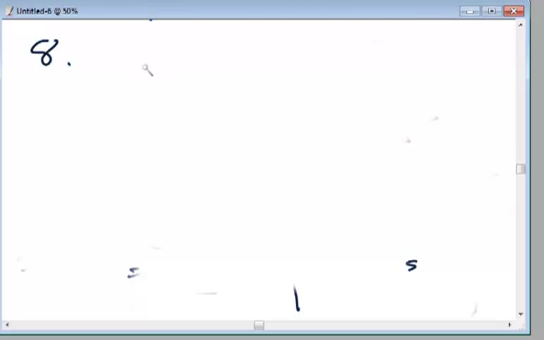Tip to tail, we've got 6 plus a 9 plus an 8. Notice that all those guys are tip to tail, so we've added here, and now our resultant is the shortcut from the beginning of the first to the end of the last.